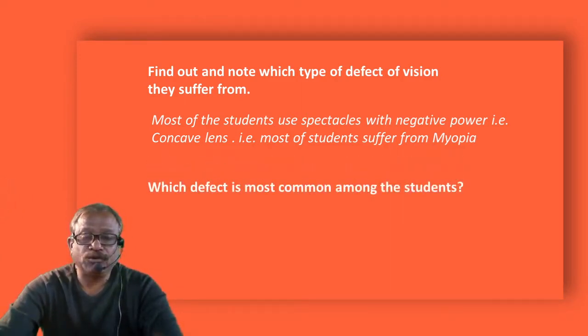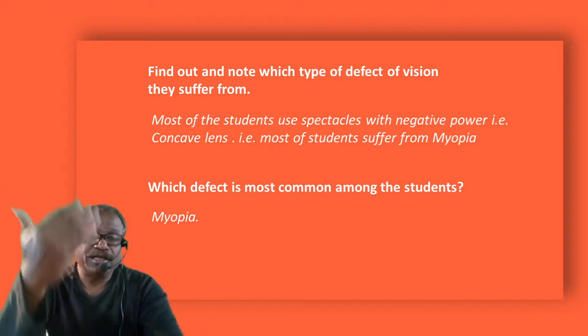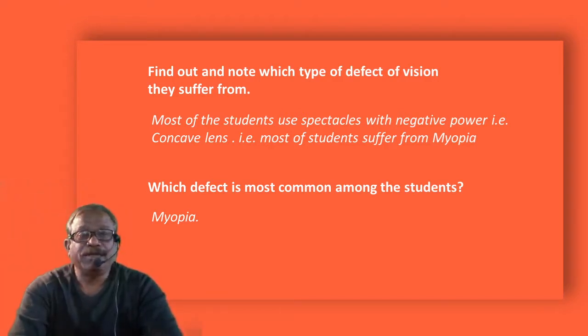Which defect is most common among the students? That is myopia. For more information, about 25 to 30% of students are suffering from this defect, myopia. They see near objects clearly but cannot see distant objects clearly.